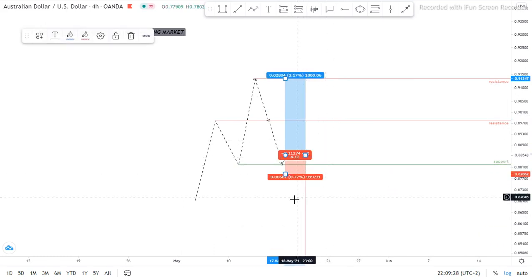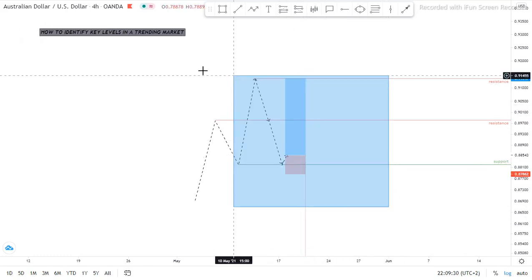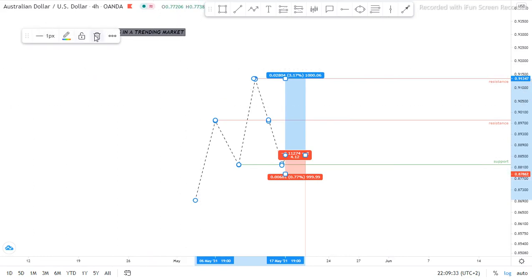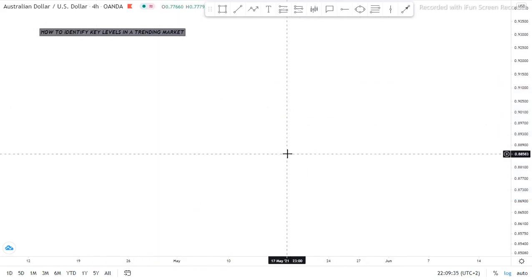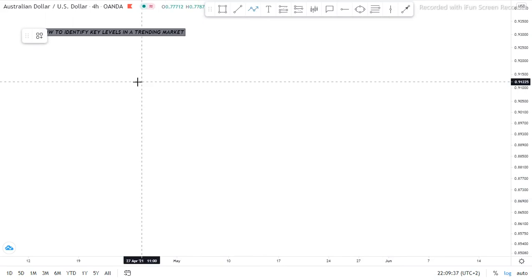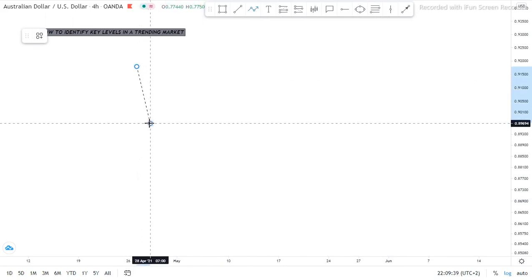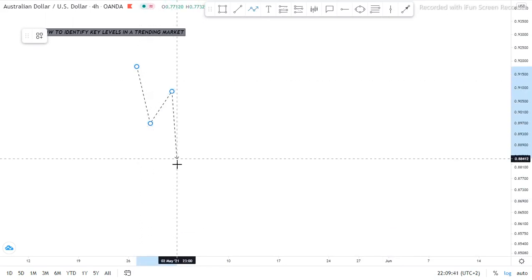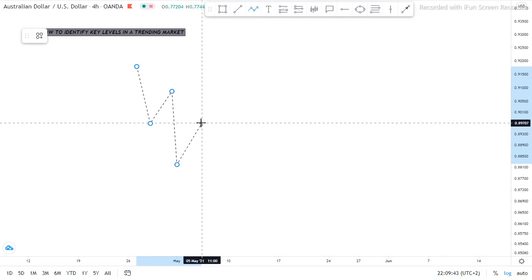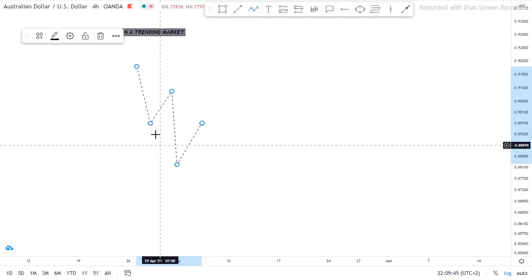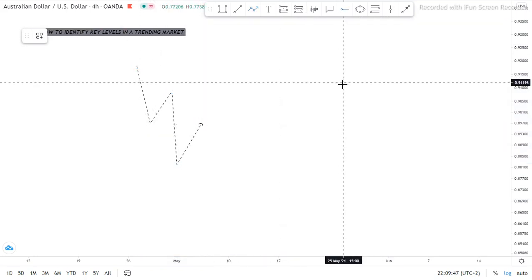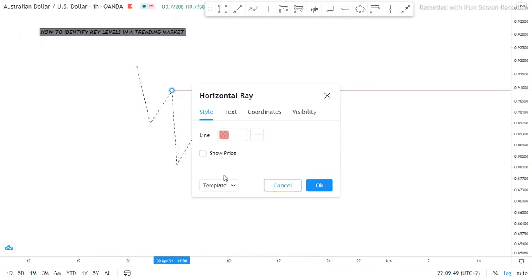Okay, so in a downtrending market, we would basically be looking for the same thing. In a downtrending market, we know that price moves to form a low, lower high, lower low, and comes back to retest this low, right? So this is our resistance.